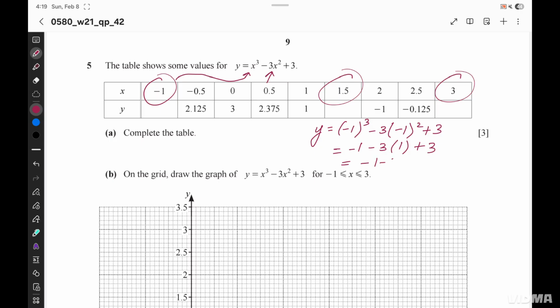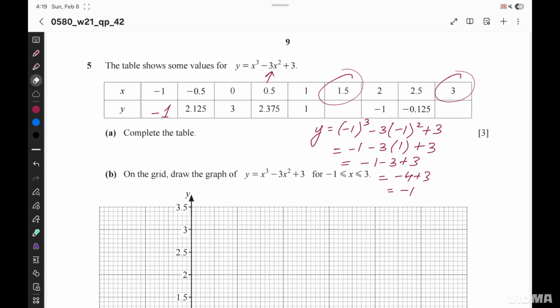So -1 -3 +3. So we have -4 +3 and the output is -1. So you can see when I substituted the value of x -1, I got -1 as an output, that is equal to y. You can use calculators even for this.